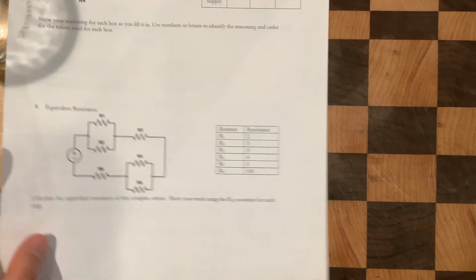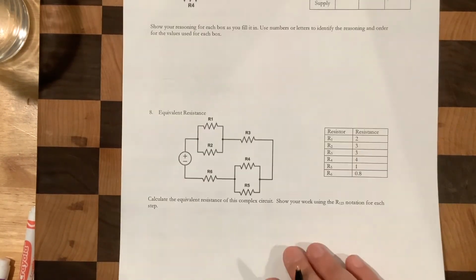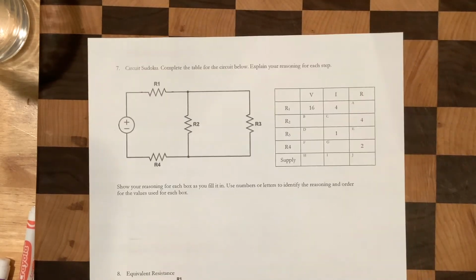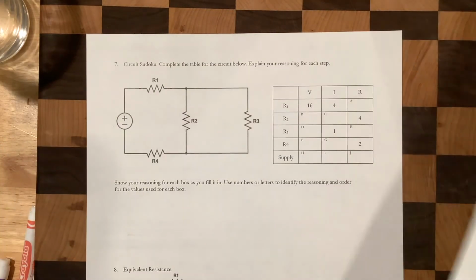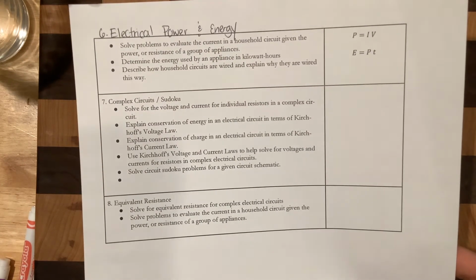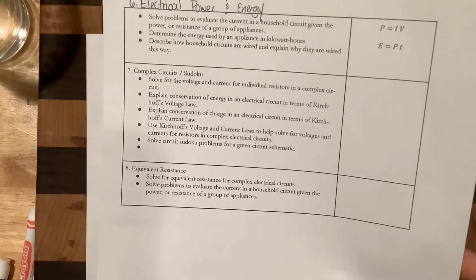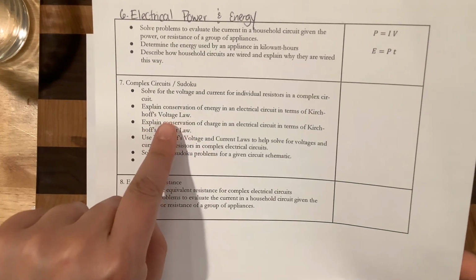Which brings us to the last page, which actually has both how to do circuit Sudokus and equivalent resistance. So, how to do a circuit Sudoku. For this, be able to solve for voltage and current, explain that conservation of energy goes with voltage law or loop law.